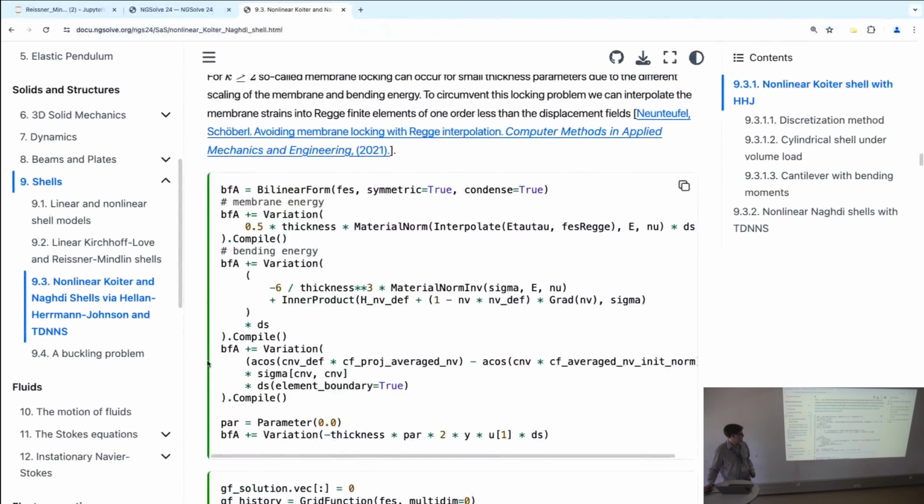But if I look now at the energy, the interesting thing is, the membrane energy looks like this. And as I said, there's some kind of membrane locking problem if you don't do something, and we use some special interpolation operator into some nice tensor-valued elements to get rid of membrane locking, so the methods are really membrane locking free. In the bending energy, we have the change of curvature, on the boundary, and this is for the normal vectors.